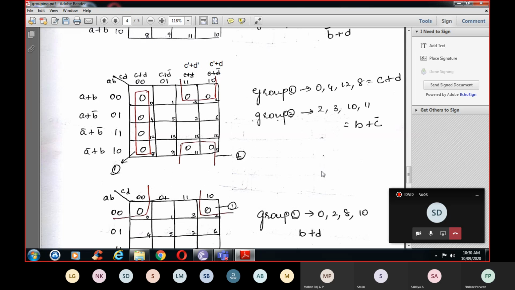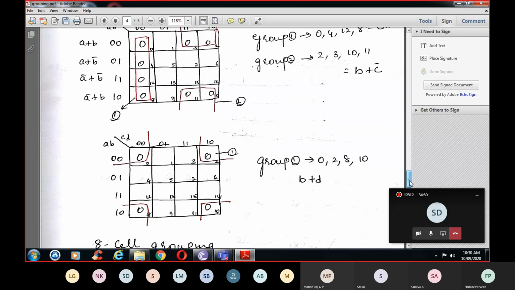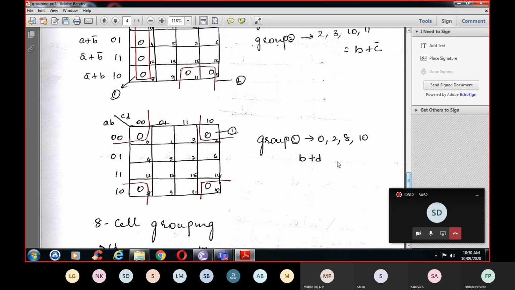Okay, so now the next one. So again 4 cell grouping. 0 is adjacent to cell number 2, cell number 2 is adjacent to cell number 10, cell number 10 is adjacent to cell number 8. So this group corresponds to which row? It corresponds to this row and this row.